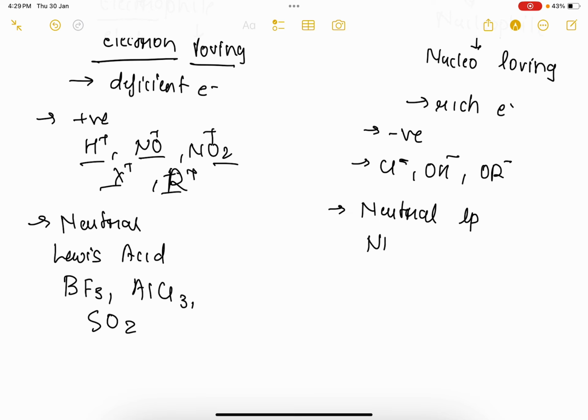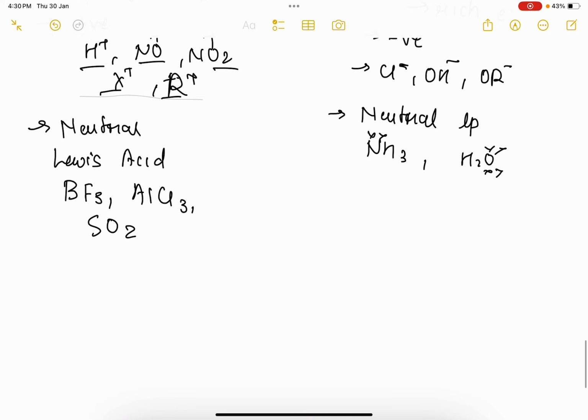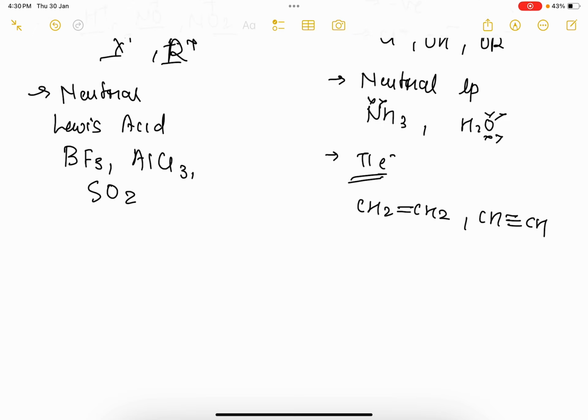Suppose NH3, which has one lone pair, and H2O, which has two lone pairs. So they also act as nucleophiles. The third type is the pi bond. A pi bond is an electron rich region, so a compound containing a pi bond also acts as a nucleophile.